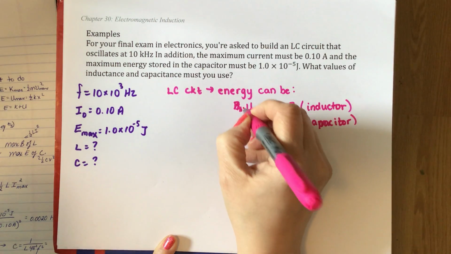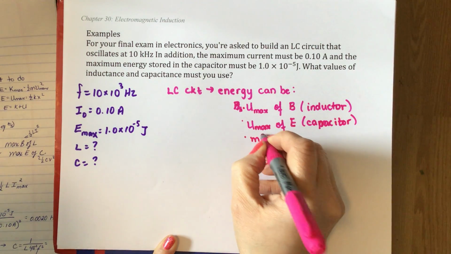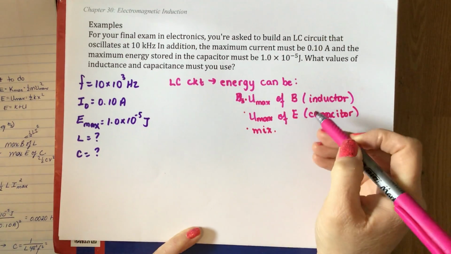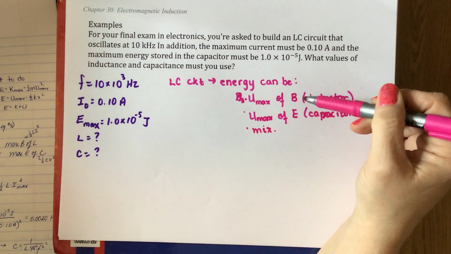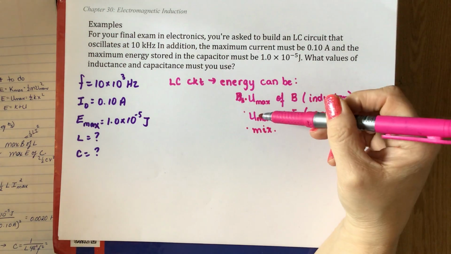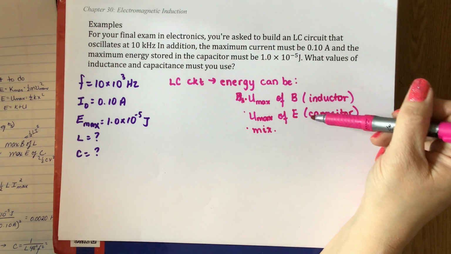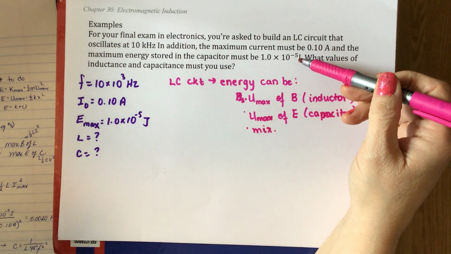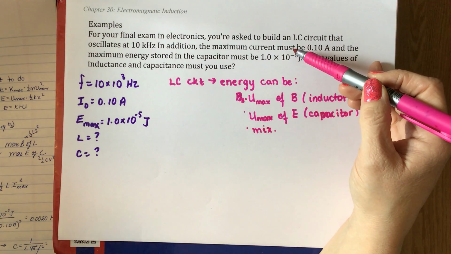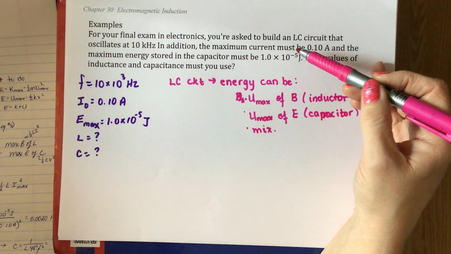Or it could be a mix of either. So we can calculate the maximum stored potential energy in the inductor, we could calculate the maximum stored energy in the electric field, and either of those two things would have to give us the total maximum energy, 1 times 10 to the minus 5 joules.